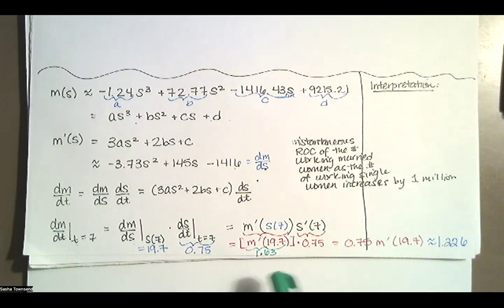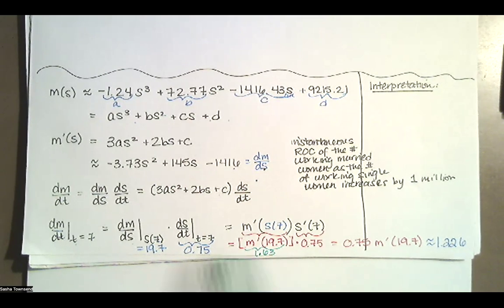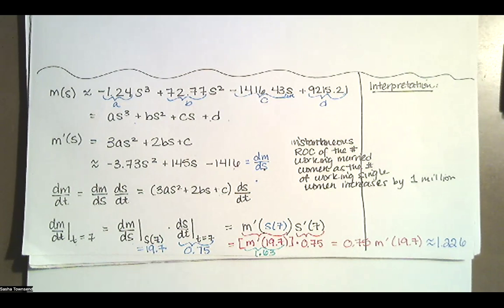Well, that tells me that 1,630,000 additional married women began working in 2007 as the number of single women in the workforce increased from 19.7 million to 20.7 million.